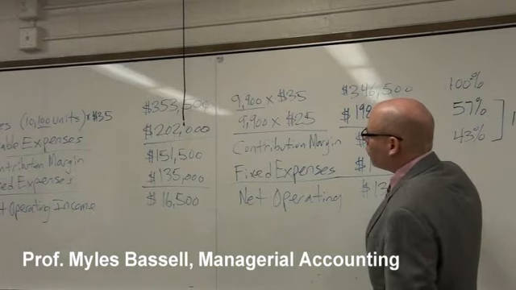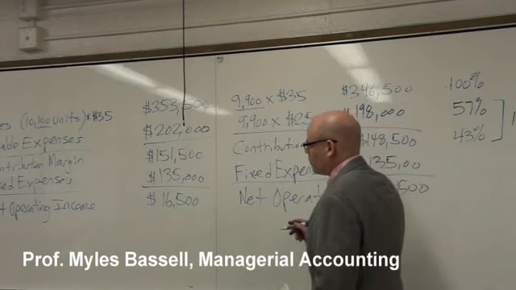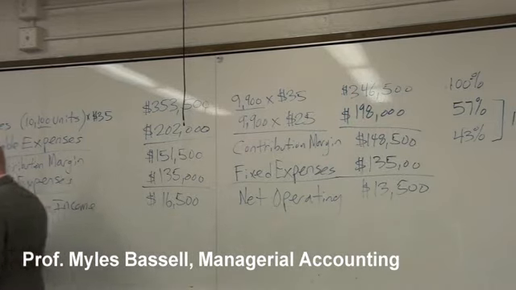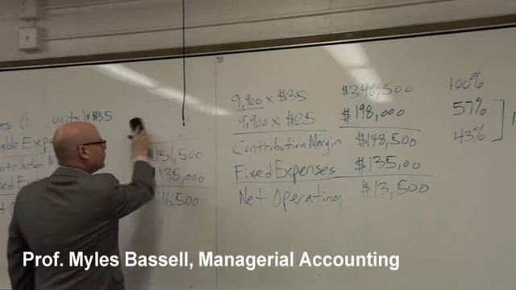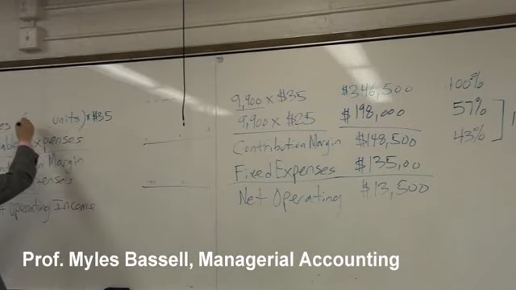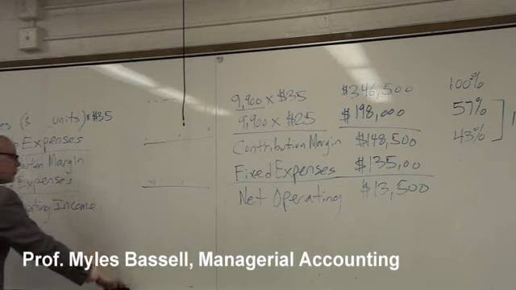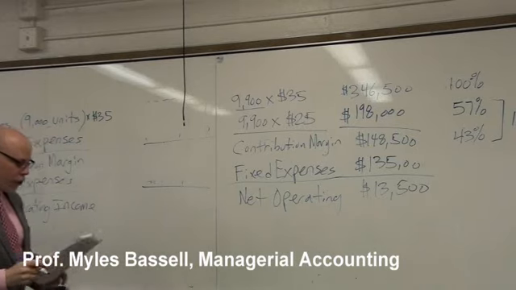All right, so what's the last scenario that we're going to look at? The volume is 9,000, if sales are 9,000 units. All right, so who could help us with that?